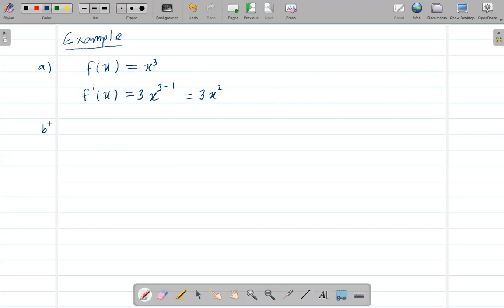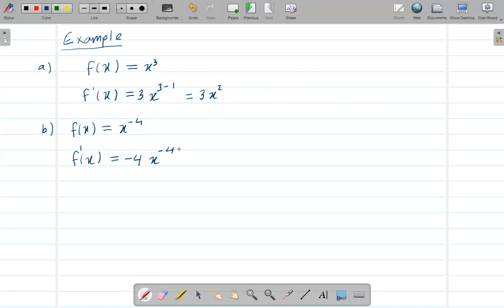All right, so this is the derivative of this function. The second one, let's say f of x is equal to x to the power -4. Now we have a negative number on the top. Still the same thing, we have to follow the same process. F prime of x is equal to, I'm going to bring this whole thing, -4, down here. So -4 times x to the power -4 minus 1, because the n here is -4.